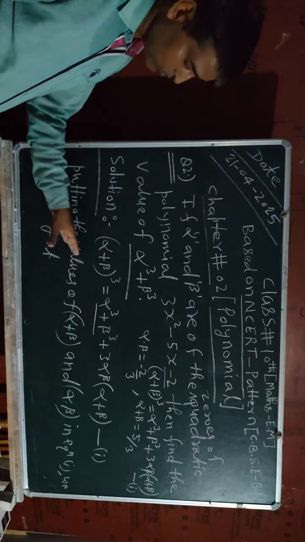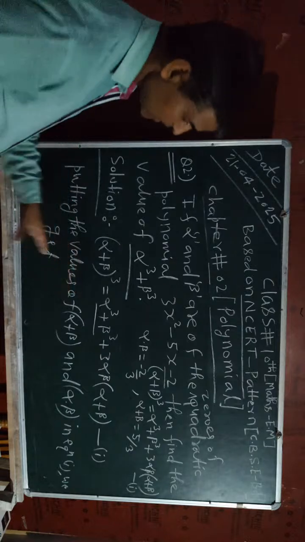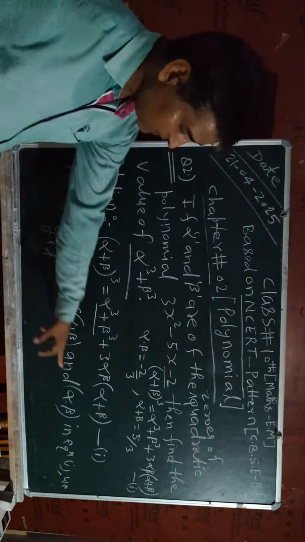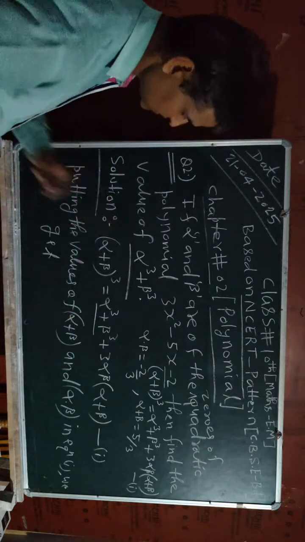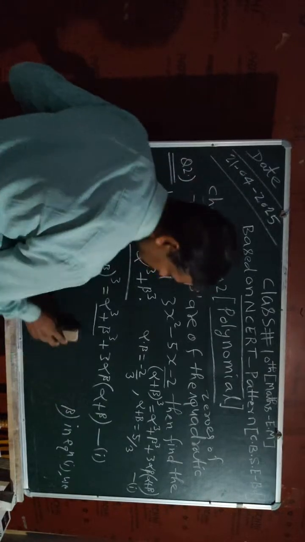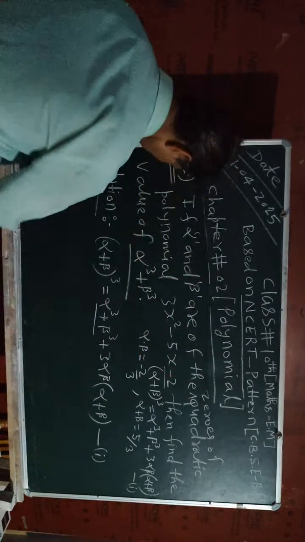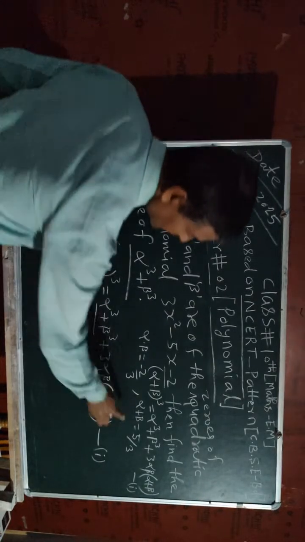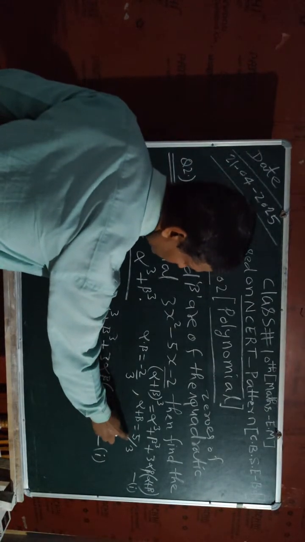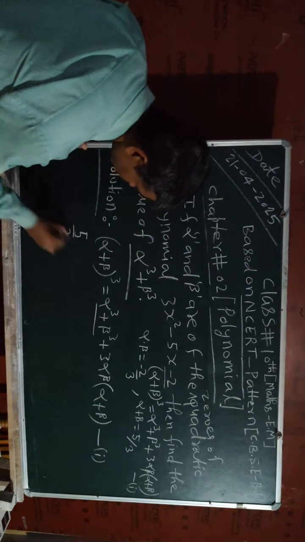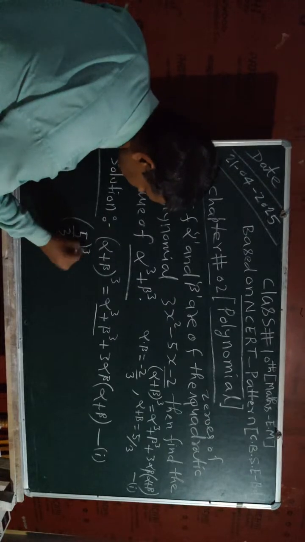Now further I am going to erase this statement, because we have to substitute the value of alpha plus beta and alpha into beta in equation first. Therefore I want to erase this statement. Now in the place of alpha plus beta, here written alpha plus beta is equal to 5 divided by 3. So here I will write 5 divided by 3 to the power 3.